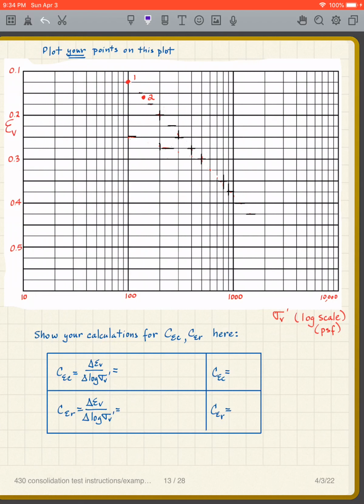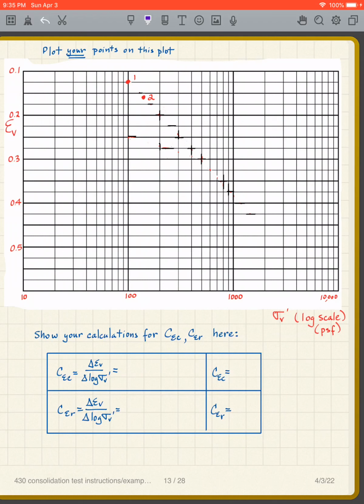You're going to draw a straight line through there, and maybe you'll have points there. It goes like that. So you're going to have two different lines, and you're going to calculate out your slopes here. You're going to show the calculation, and then put your answer right there.